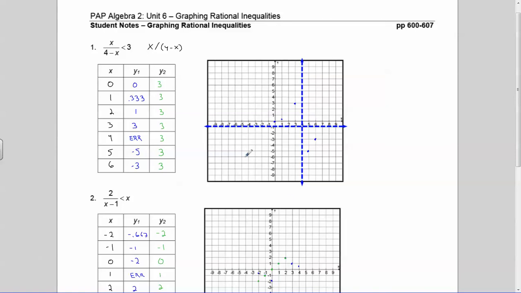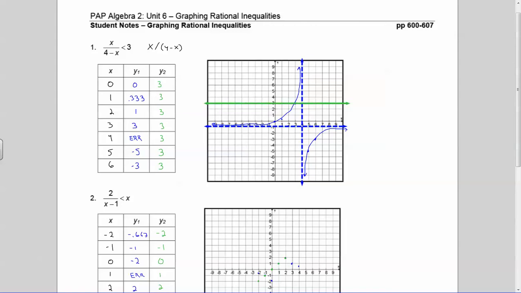So just connecting these points, we have a graph that looks something like this. And on the right side, like this. And then that line, y equals 3, is just a horizontal line, and it will be right here.